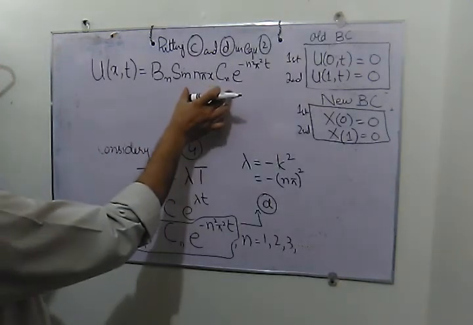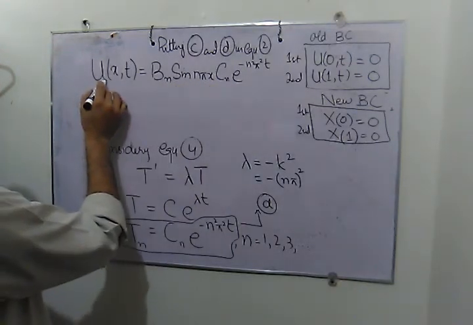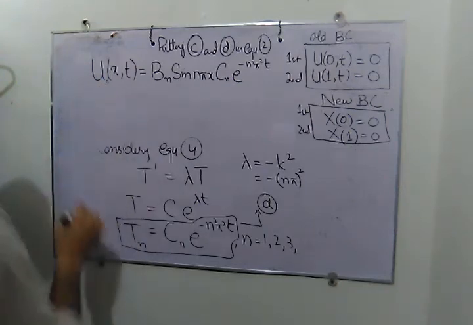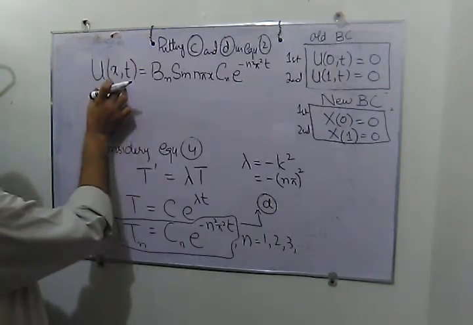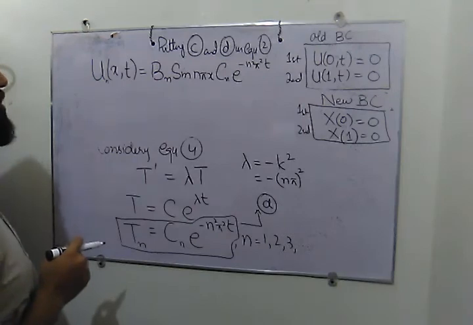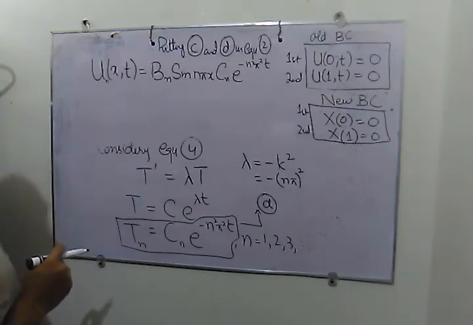Since these are multiple solutions, we have to represent it with un, which shows the multiple solutions of the given partial differential equation.